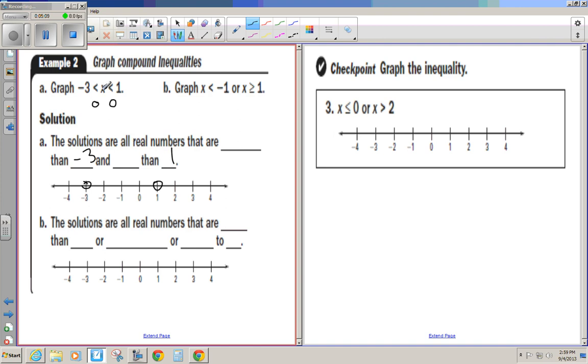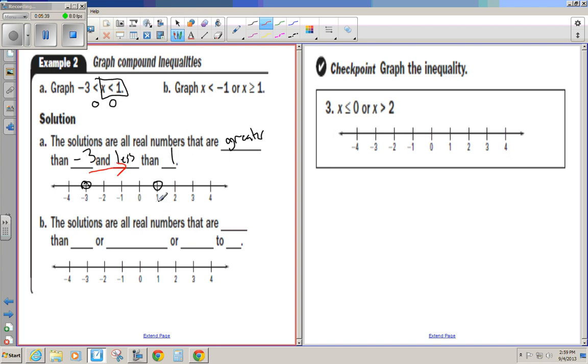This right here, let's look at this part. This is saying x is less than 1. And then it's saying since the bigger side of the inequality is on the x, then it means it's greater than negative 3. So you still have an open circle at negative 3, but we're greater than that. So it's everything in that direction.